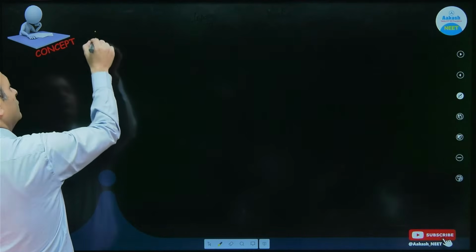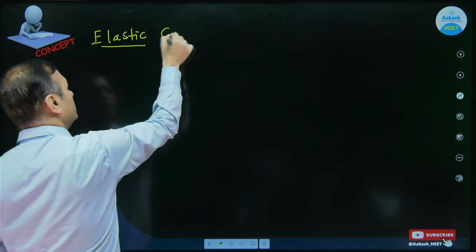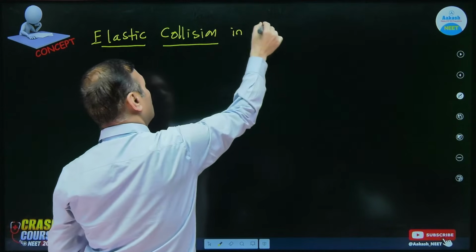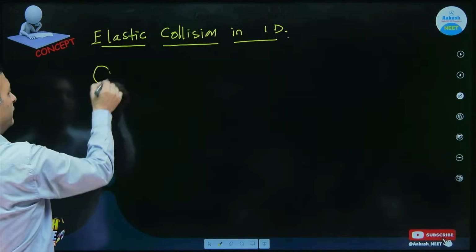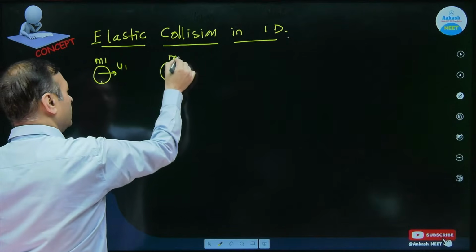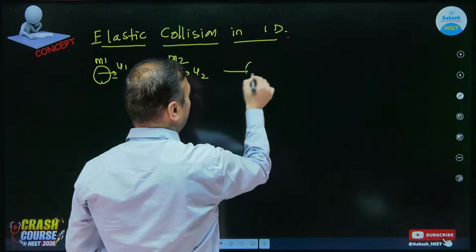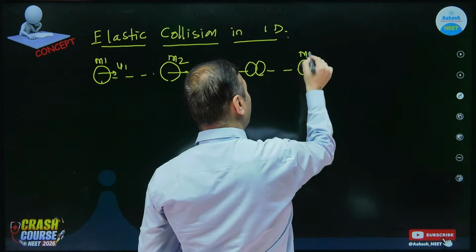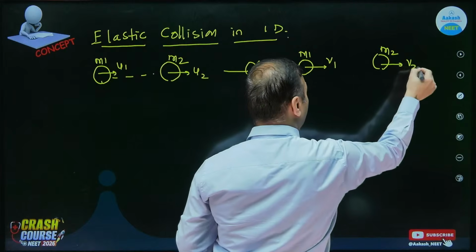Then you may have elastic collision in one dimension. So you have m1 moving with u1, and m2 moving with speed u2. They collide, and after collision they move with speeds v1 and v2.